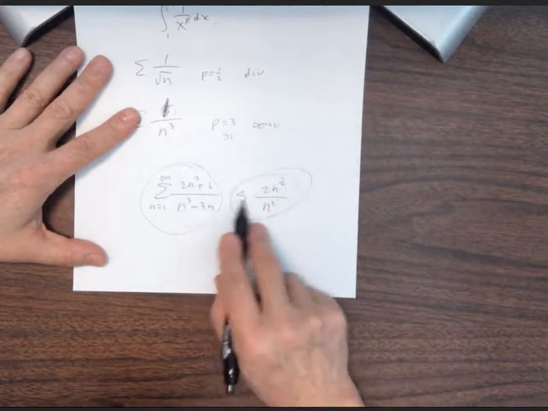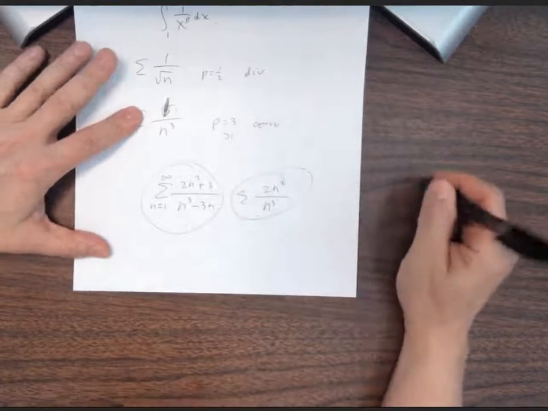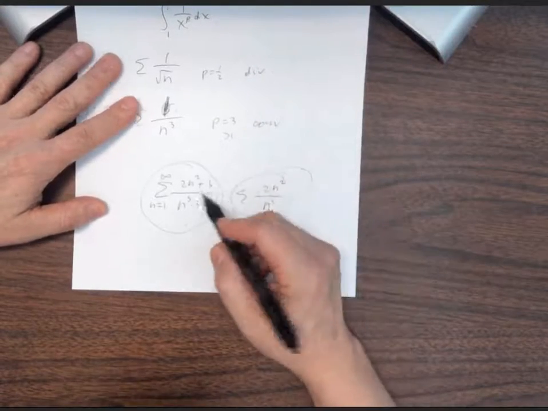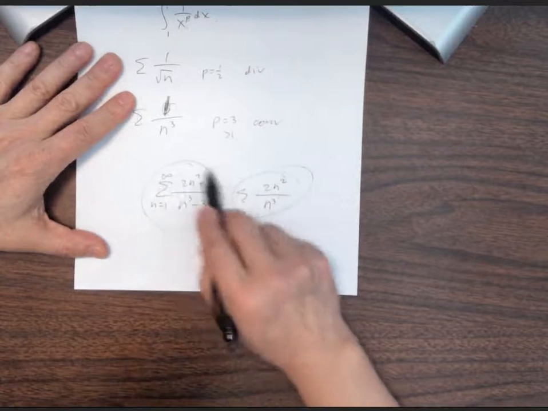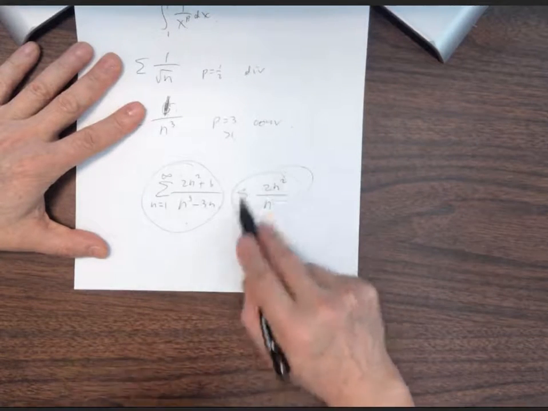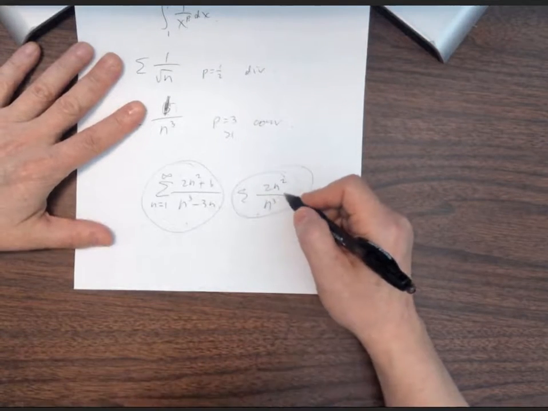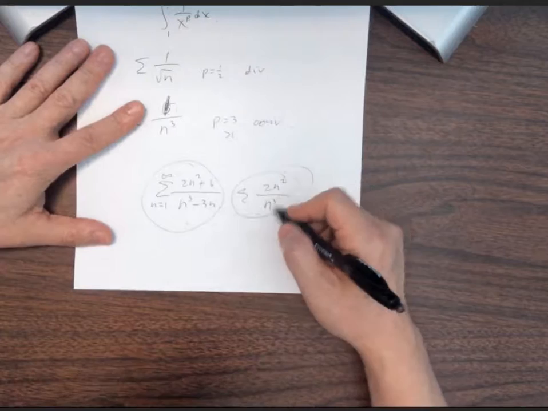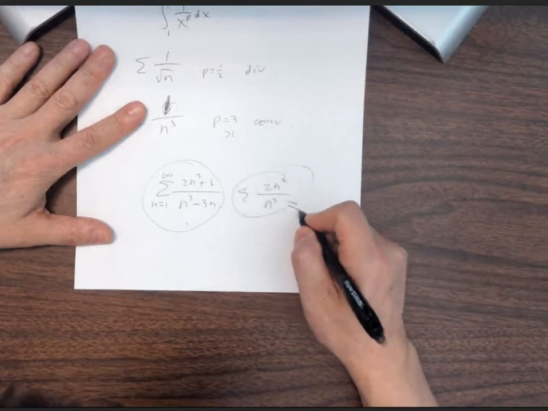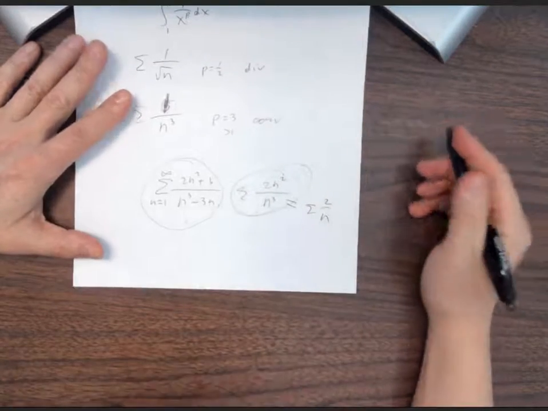In other words, both will either converge or both will diverge. This allows us at least to have some idea for now. Just drop a lower order term, and we'll end up with a new series. Well, a lot of the time it's a P-series, like here. If you simplify, this is the same as the sum of 2 over n. So you at least can get some idea for now.